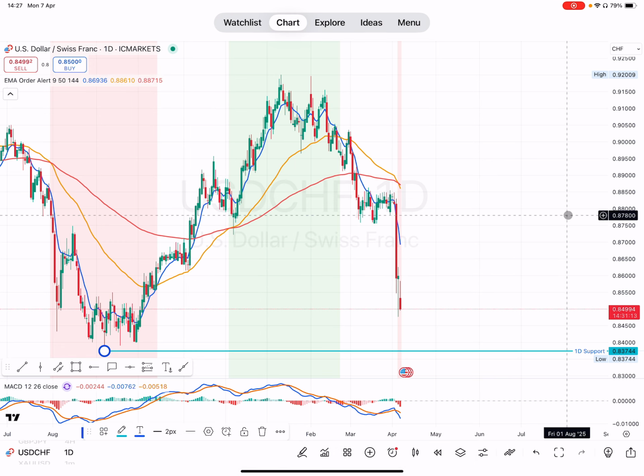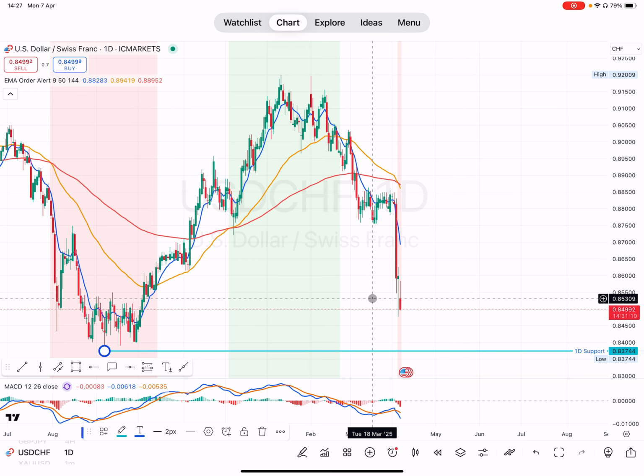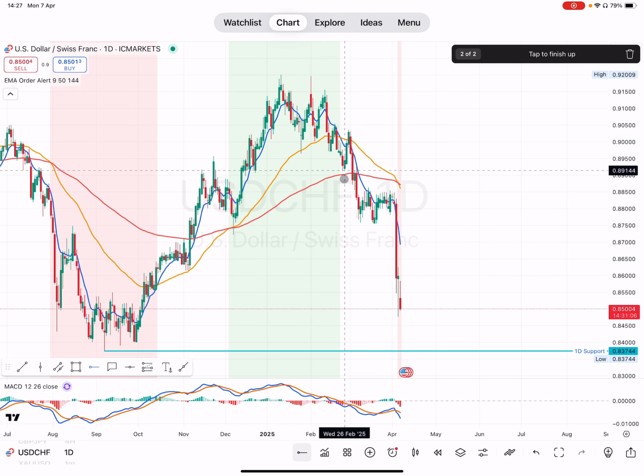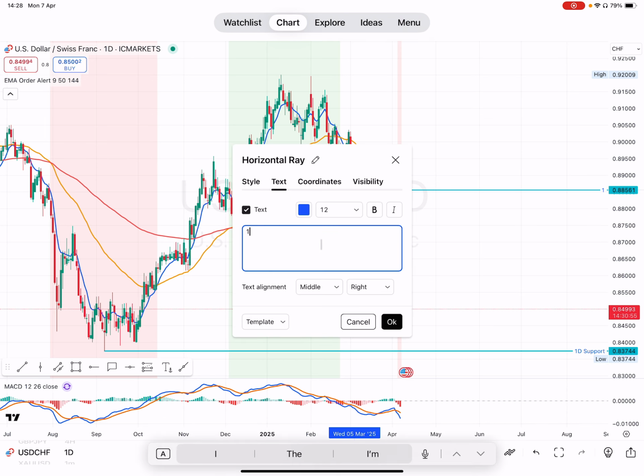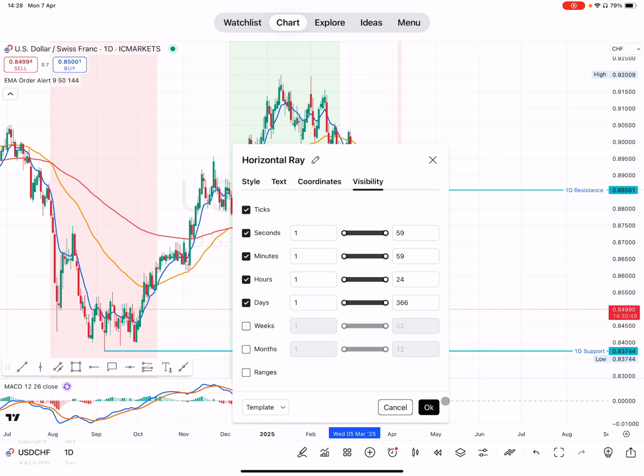Cool. And we have a resistance area here on the daily as well. Let's change that to 1D resistance. Cool. But that's fine.